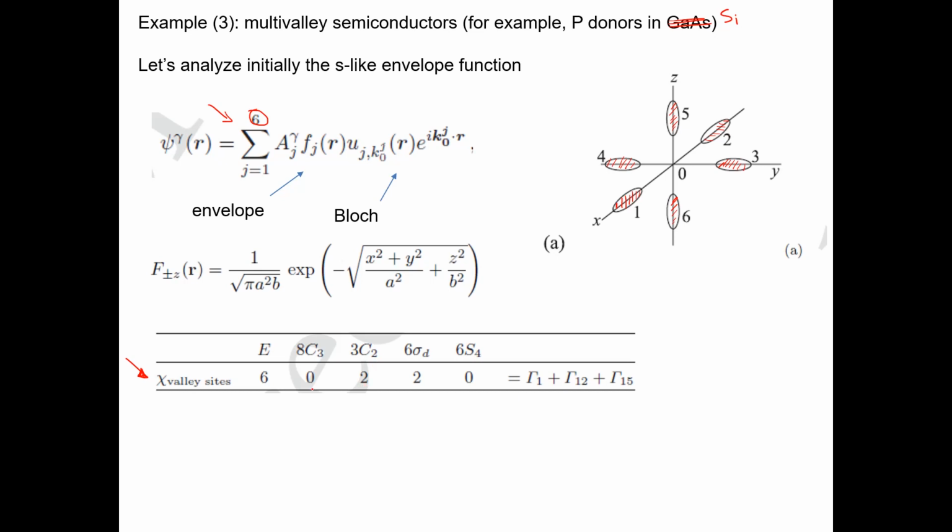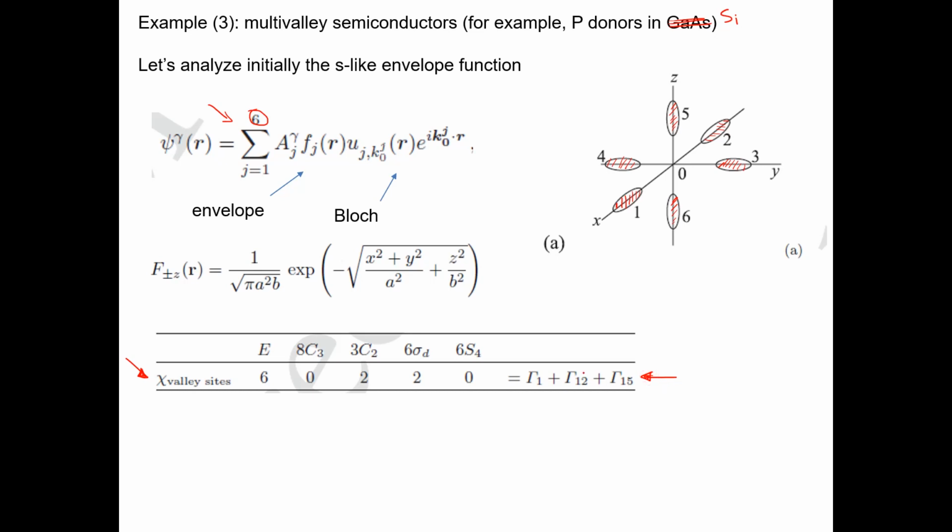We apply all the symmetry operations of the group, and we see which valley is preserved or invariant under these different symmetry operations, and we count the number of valleys that are invariant for the different operations. This is going to give me a reducible representation that will break up into gamma 1, gamma 1 2, and gamma 1 5 representations.